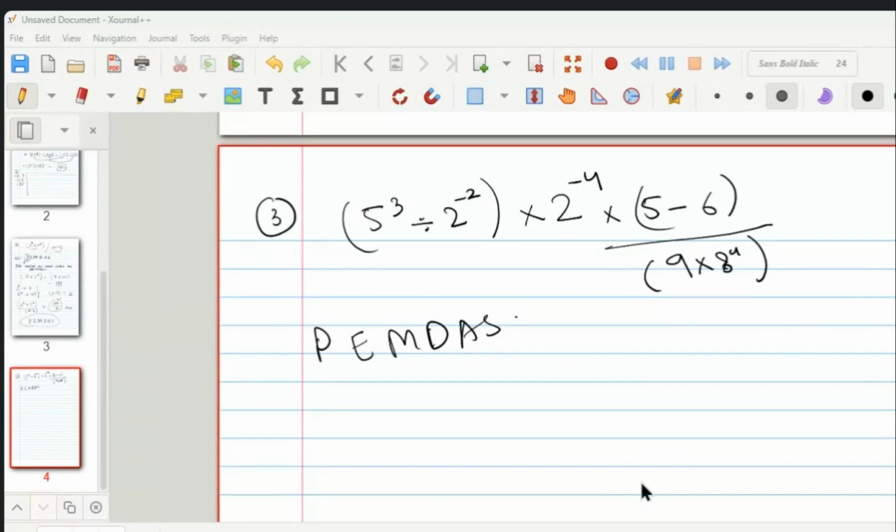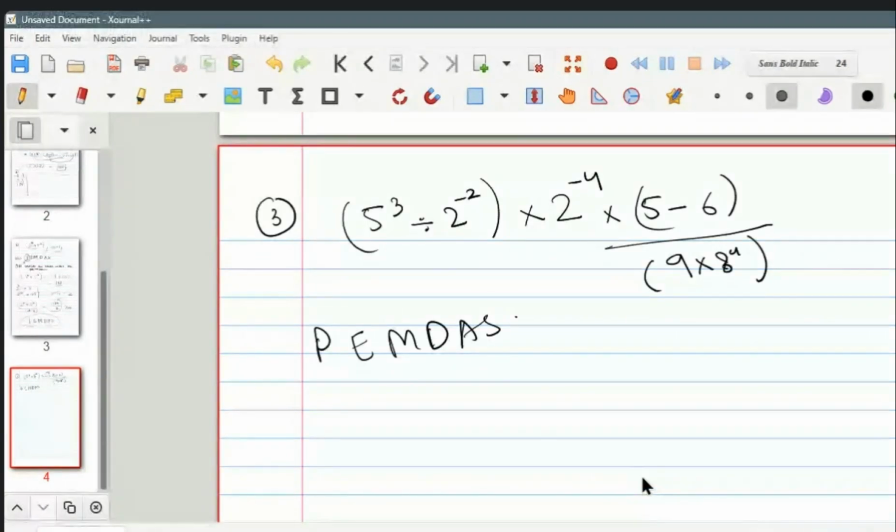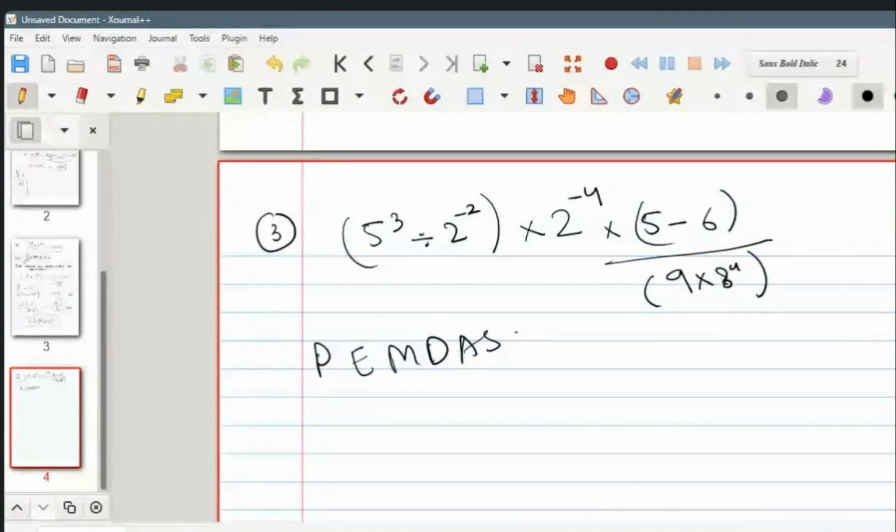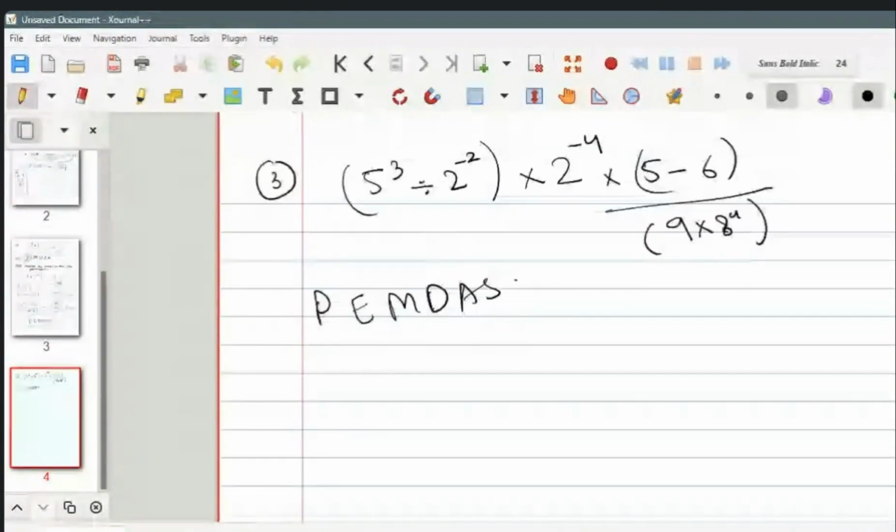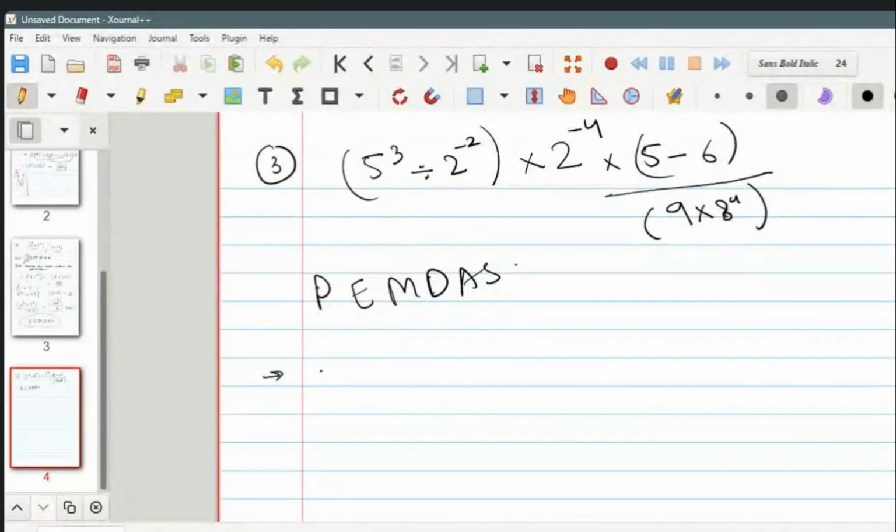Please let me explain the question here because a few students are new. It's a very easy question, and we will just apply the rule. What is the rule? It is parentheses. First solve the expressions within the parentheses.